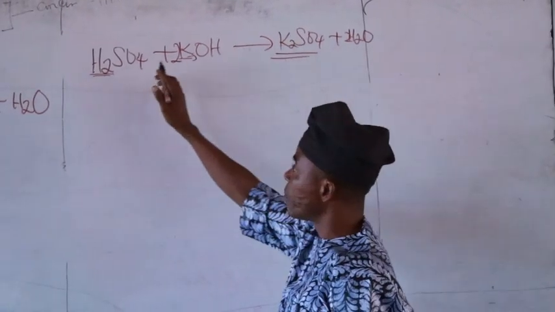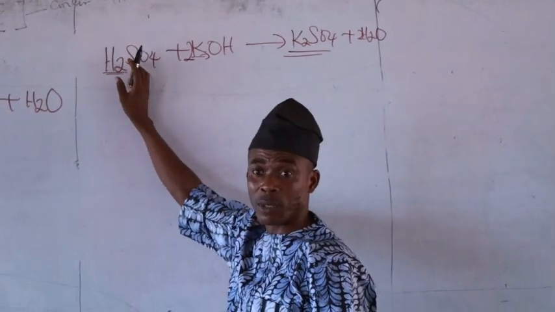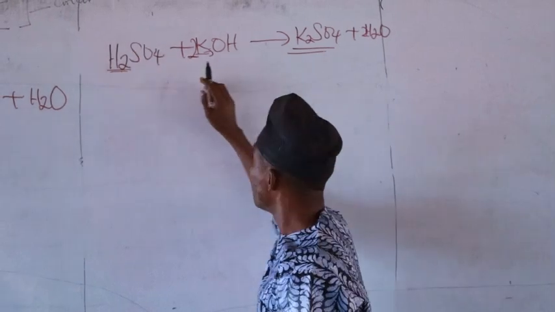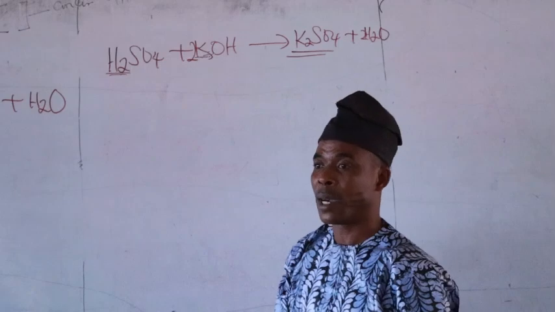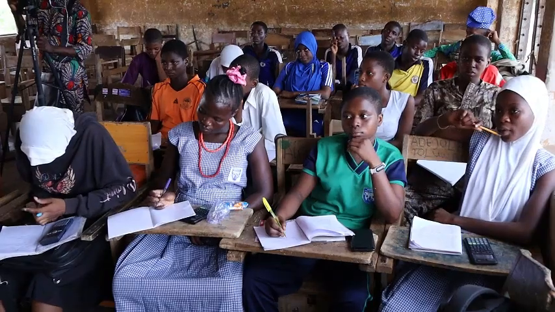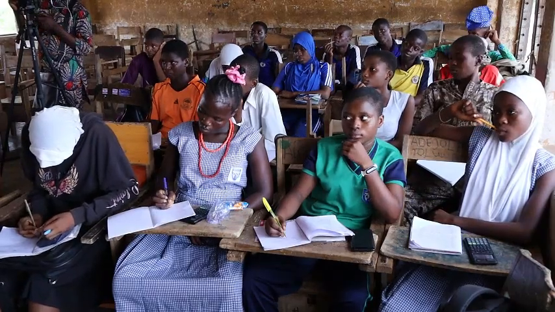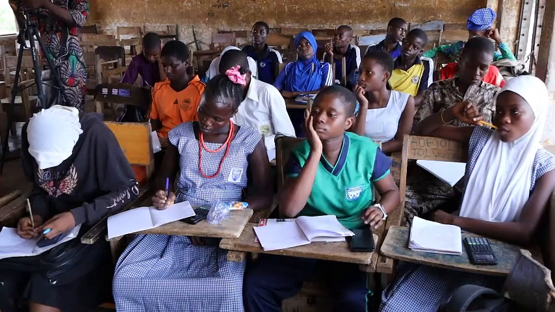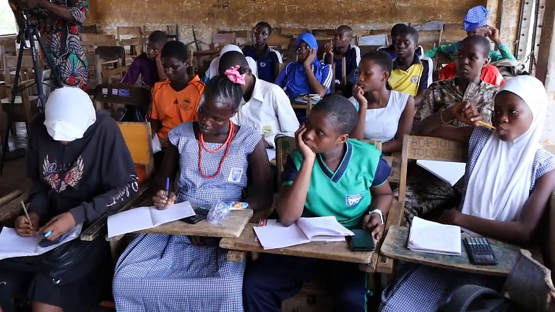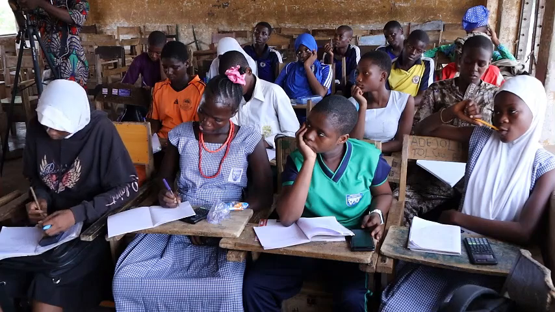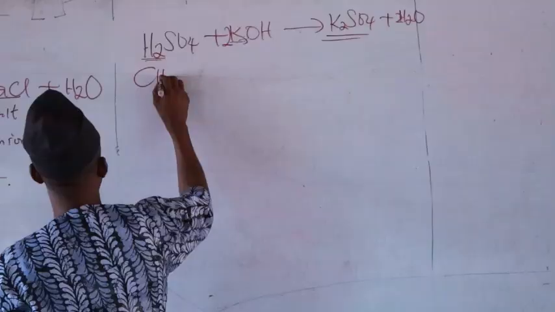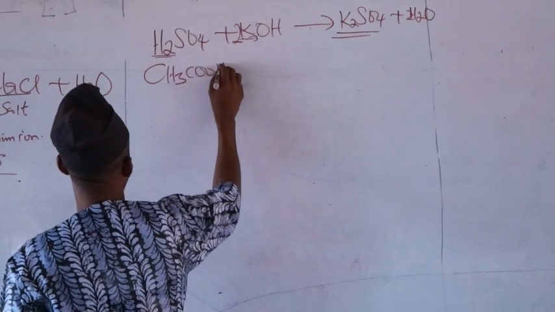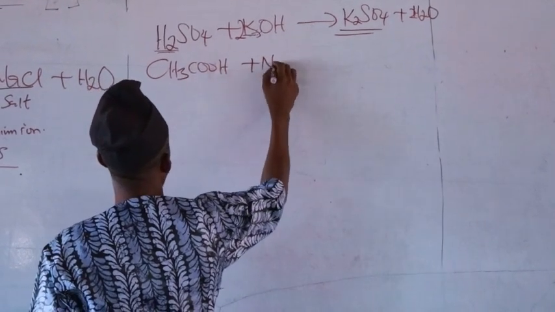Because all the replaceable hydrogen ion of this acid is replaced by what? By the metal from this base. So we refer to this as a normal salt. I hope that is clear enough. Who doesn't understand? We can have another example here. Next we have CH3COOH plus NaOH.